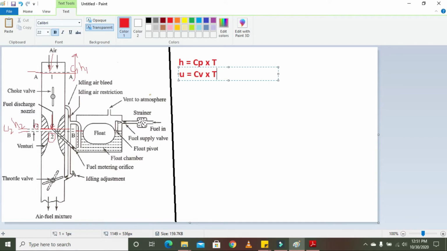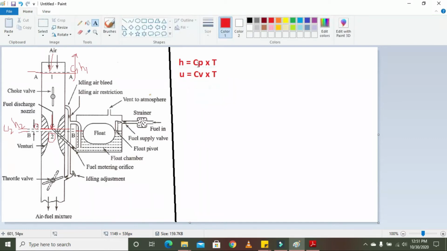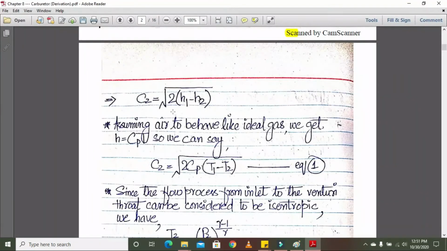So we will simply replace H with Cp multiplied by T. When we replaced H1 with Cp multiplied by T1 and H2 with Cp multiplied by T2, we take Cp as common, and as a result we get this relation, which was under root 2 times H1 minus H2.